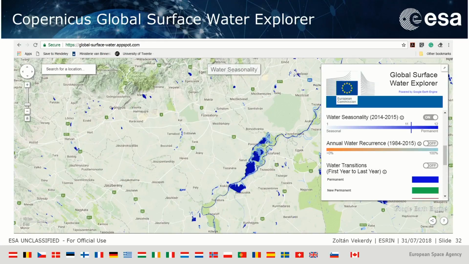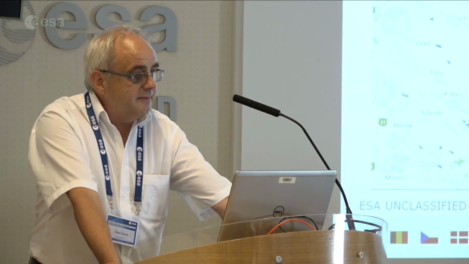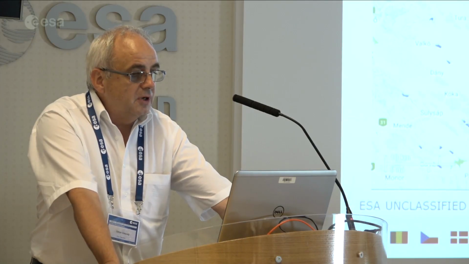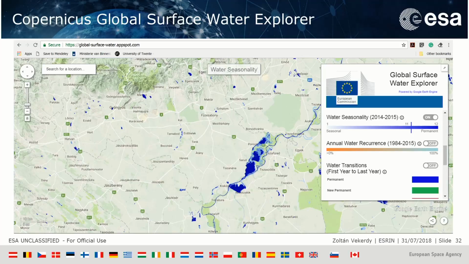For this, there is again a Copernicus product. It was released not long ago by JRC. This is the Global Surface Water and the Global Surface Water Explorer. And I show a part of Hungary not only because of my patriotic feelings, but because the example that I will show you after this is from this area.